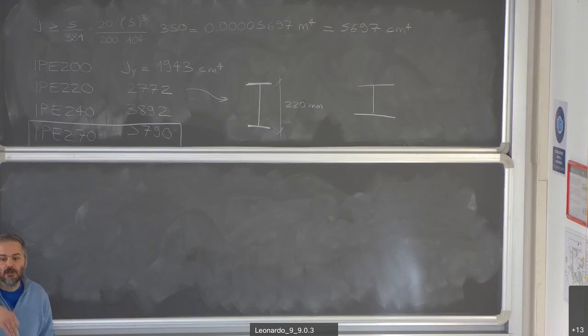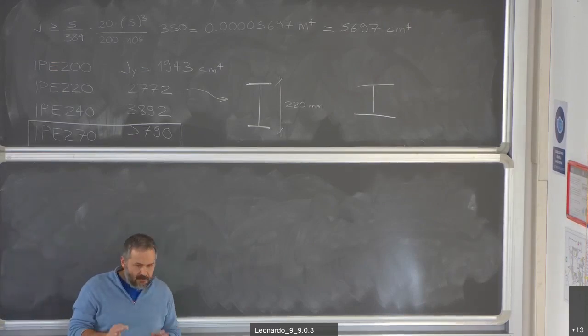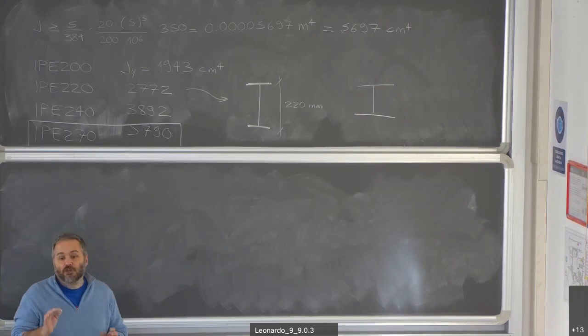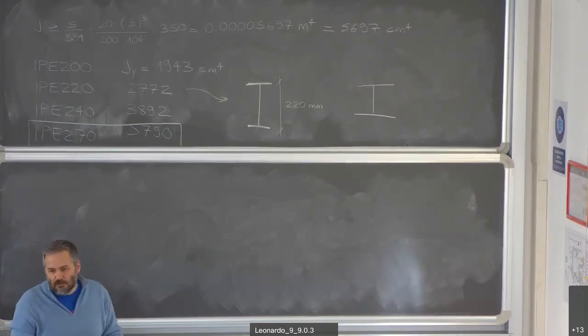So when you walk on the beam, it doesn't vibrate too much, you don't feel dizzy, you don't feel seasick. You can use it in a comfortable way. When I'm asking about ultimate limit states, I'm simply saying make sure that under the given loads, the beam does not collapse.